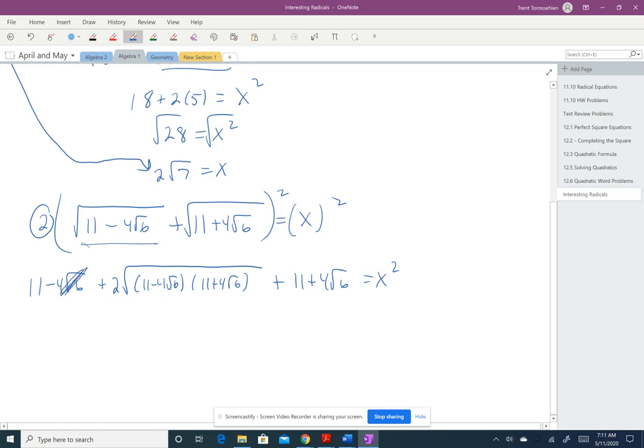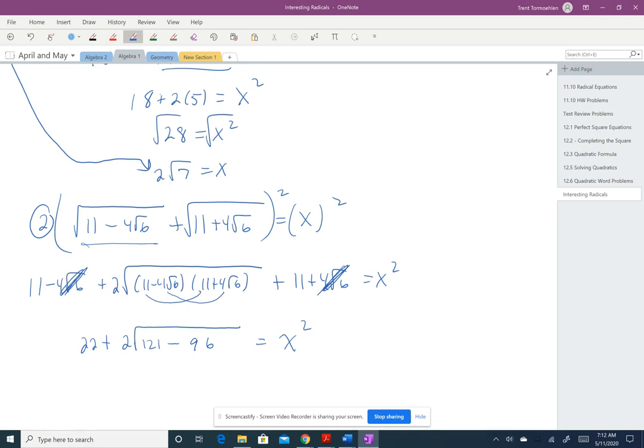These cancel out, so you get 22 plus 2 times the square root of, again, 121 minus 4 root 6 times 4 root 6, which is 16 times 6, which is 96. And that's going to equal x squared. Well, that also equals 25, like in the last problem.